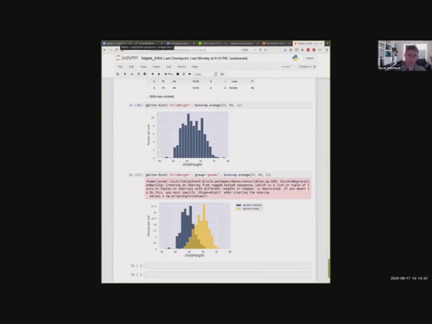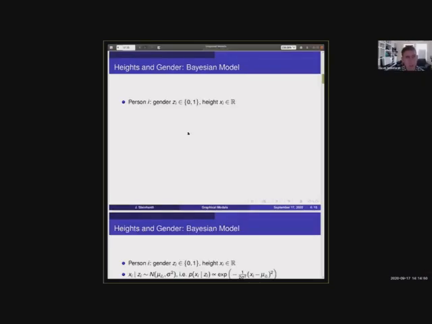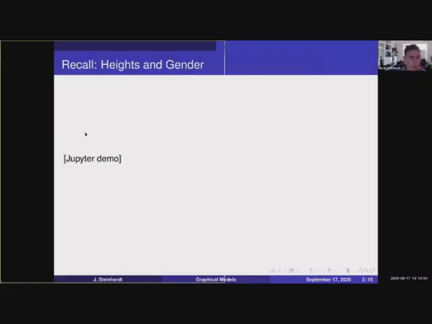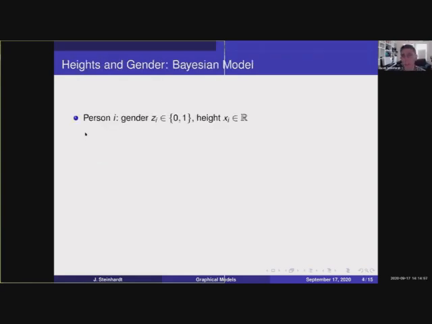So let's just think about that. Can you still see the screen? Yeah. So how can we model this?